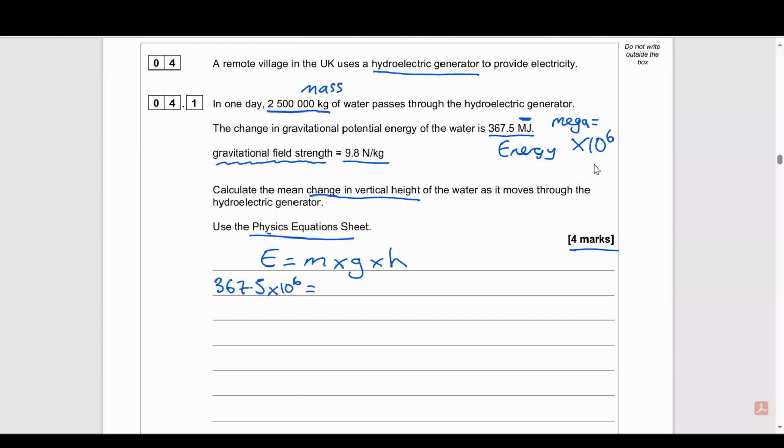And that will be equal to our mass, which is 2.5 million, multiplied by 9.8, so our gravitational field strength, and multiplied by the height, which we need to find. So again, we're rearranging the equation here.